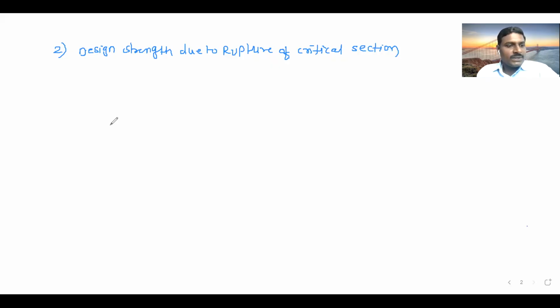Okay. So here we will see the design strength due to rupture of critical section. There are different formulas and conditions. So first condition. Similarly, in welded connection we saw the design strength formula for tension and compression, and for shear the design strength formula was there. Similar to that here is the design strength due to rupture of critical section.